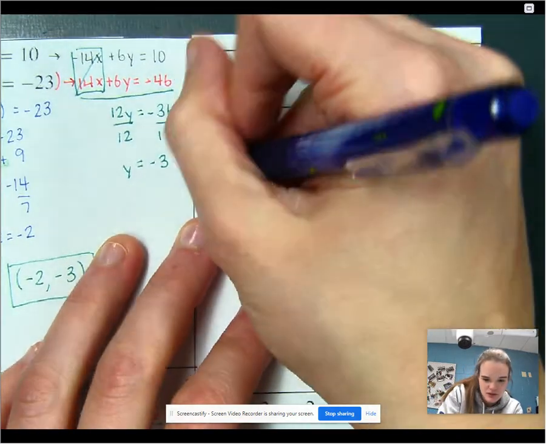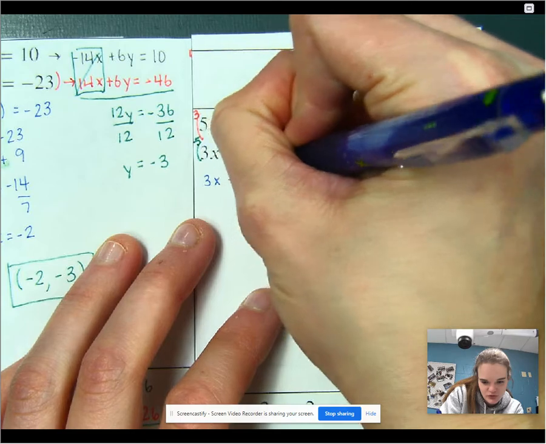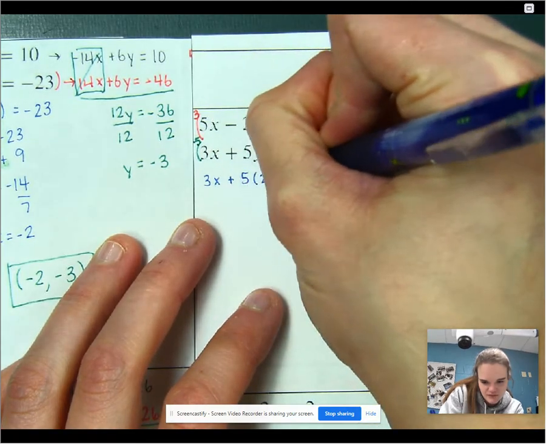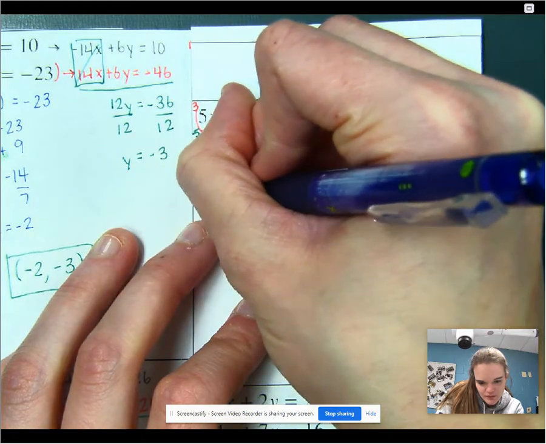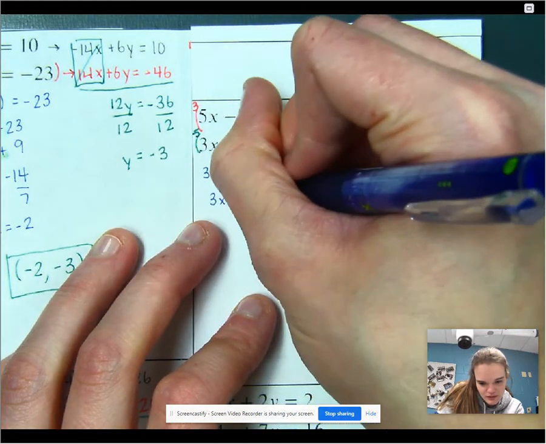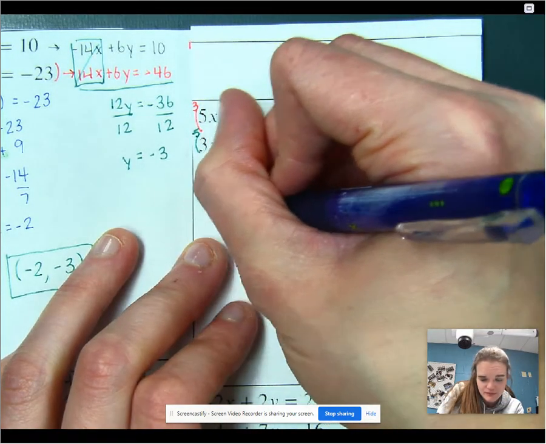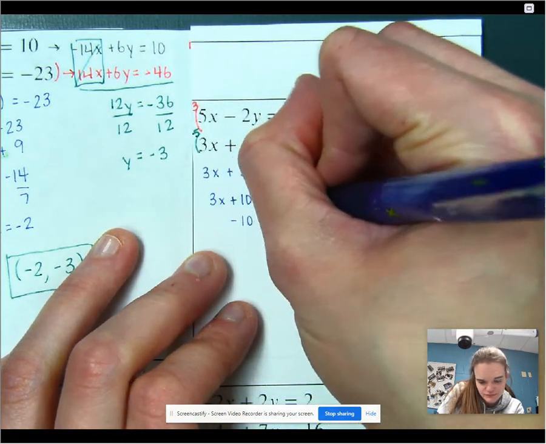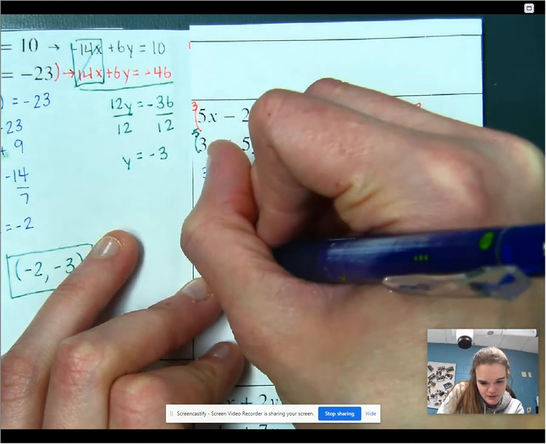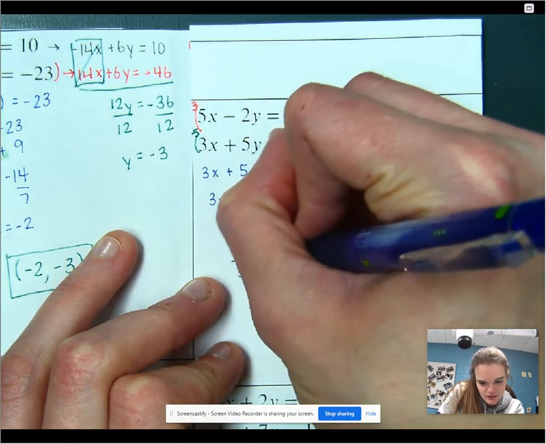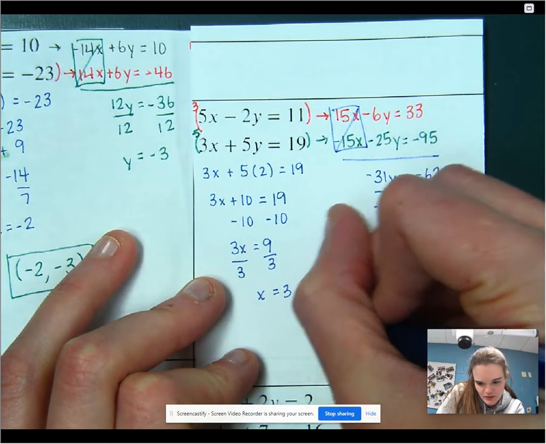I'm going to plug it in. 3x plus 5 times 2 equals 19. 3x plus 10 equals 19. Subtract 10. 3x equals 9. Divide by 3. X equals 3. 3, 2.